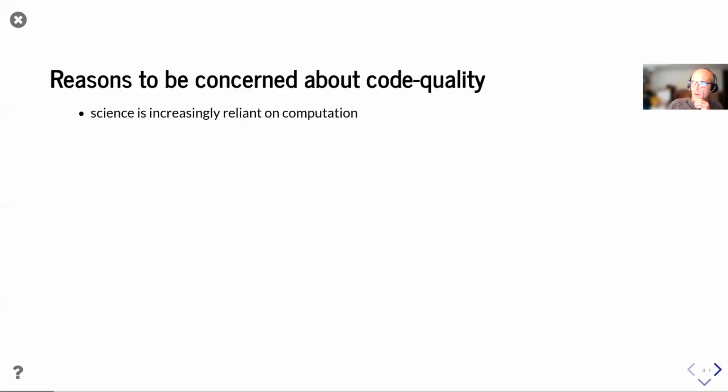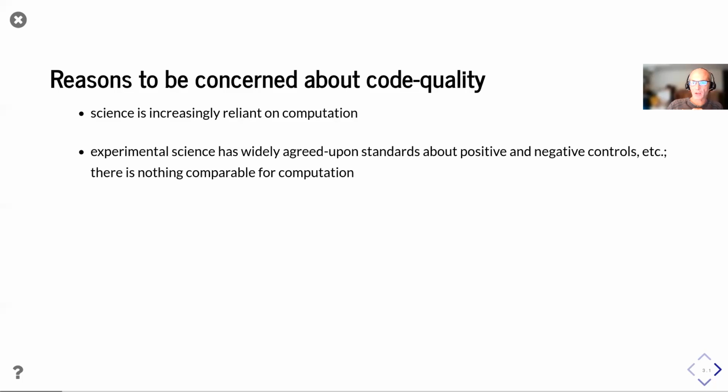And the problem is that while there are fairly widely established standards about experimental science in terms of what steps are necessary in order to prove a case, or to look sufficiently carefully that you know what background work has been done, there really aren't widely agreed upon standards for how the analysis part, the code part of a project, should be documented and what sorts of metrics the testing needs to satisfy.